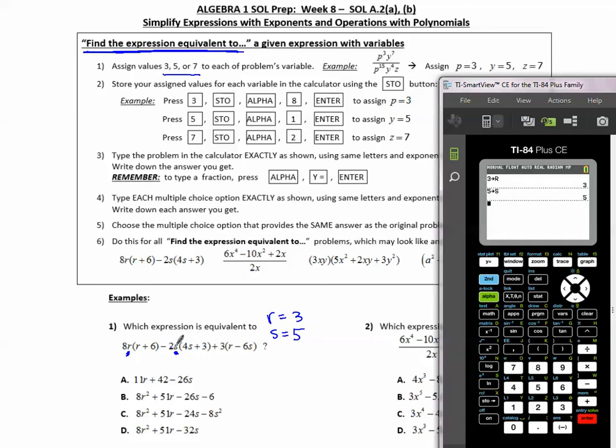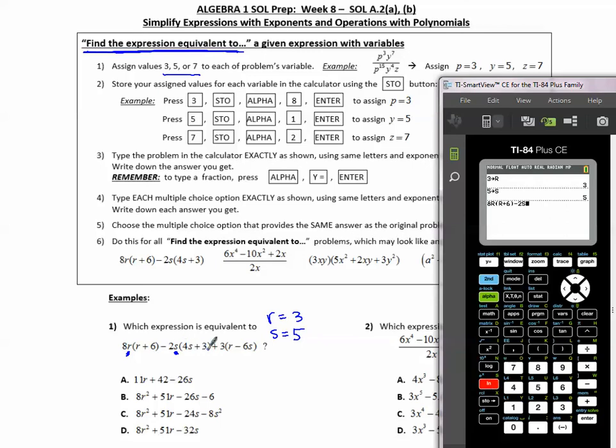And now I'm going to type this expression exactly as I see it. 8 alpha multiply button, so 8R parentheses. Now I need R plus 6. So alpha R plus 6, close the parenthesis, minus 2S, minus 2 alpha, the ln button.